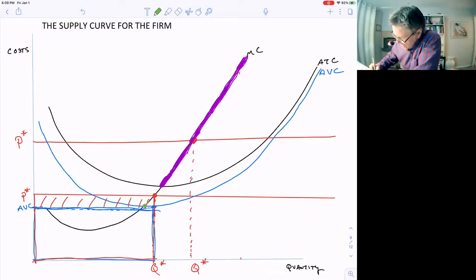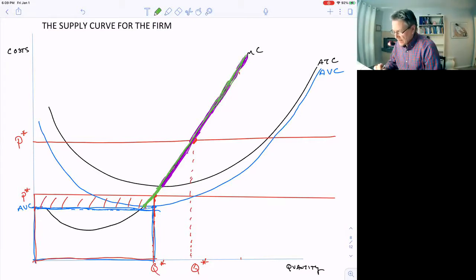So I'll draw that here in green. I can write it right on top of the purple. It's the purple curve plus a little bit more.